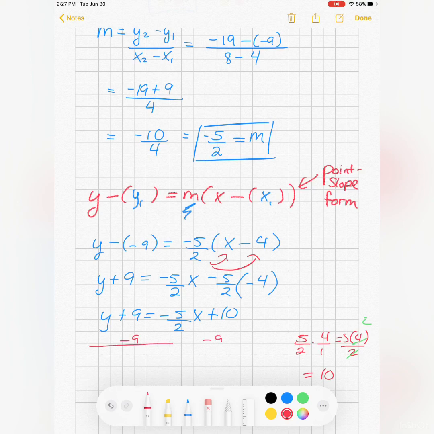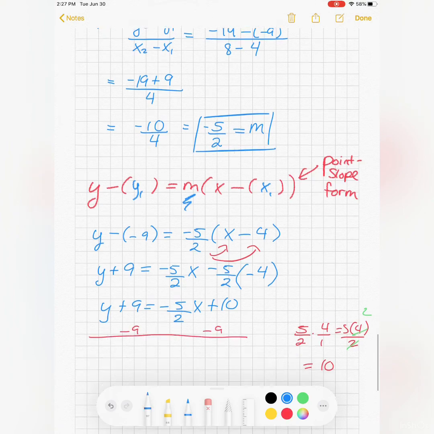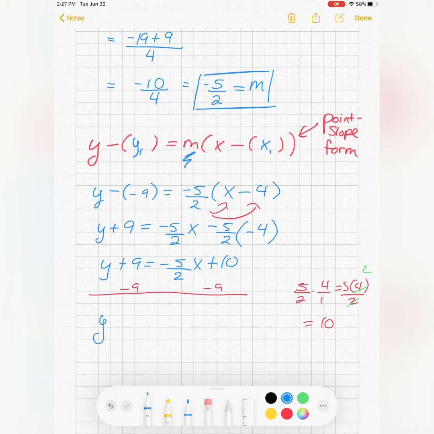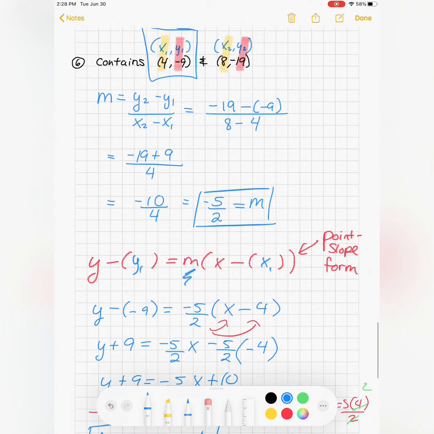Subtract the 9. Y equals negative 5 halves x plus 1. And there we have it.